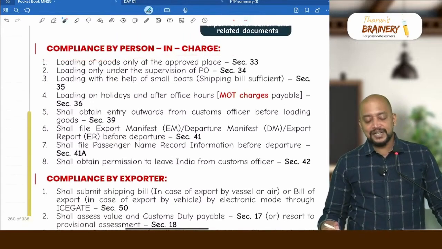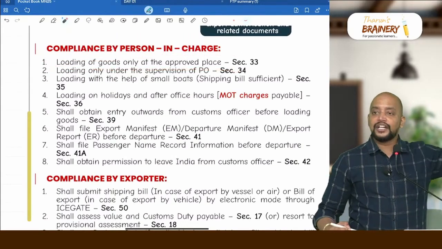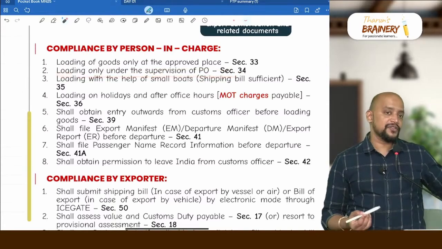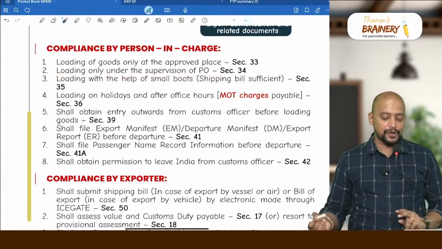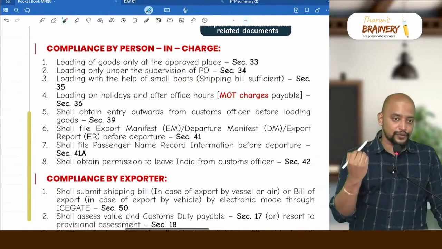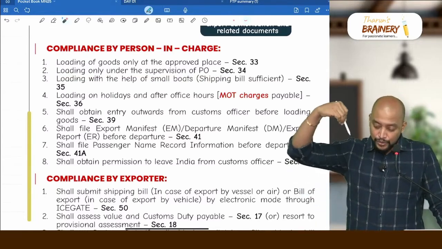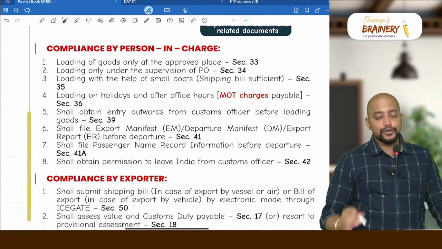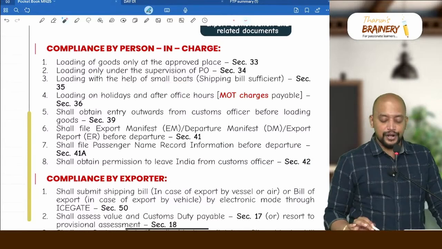Compliance to be followed by the person in charge. There, unloading only at an approved place; here, loading at an approved place. There, unloading under the supervision of the proper officer; here, loading under the supervision of the proper officer. There, for bringing the goods from the ship to shore, a boat note was required, but here, for taking the goods from shore to ship with the help of small boats, the shipping bill is sufficient, a boat note is not required.